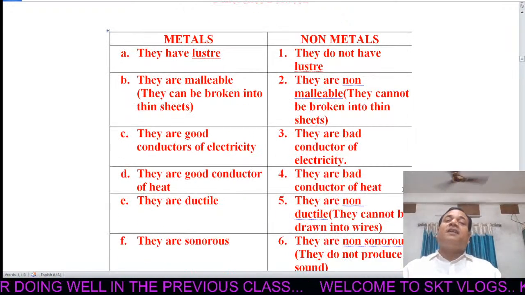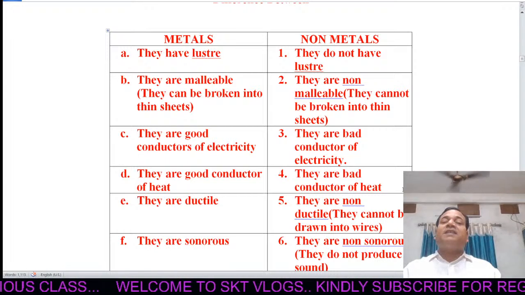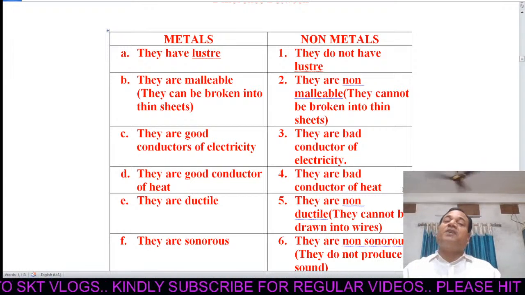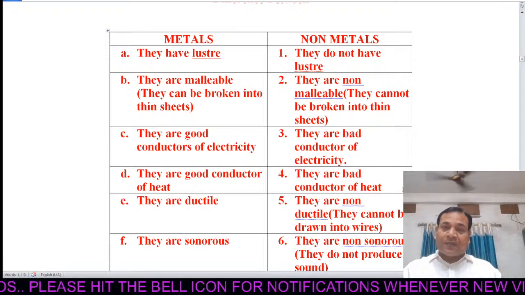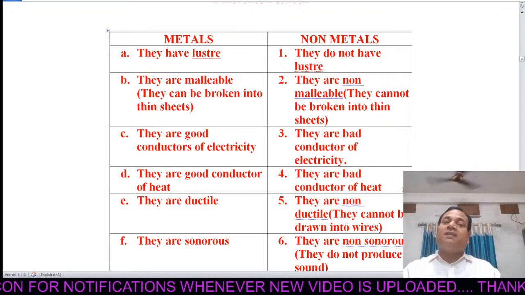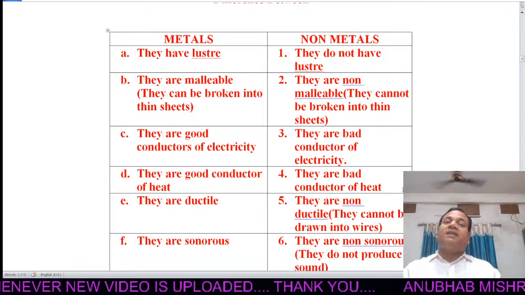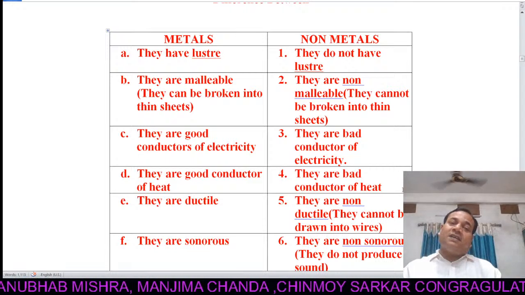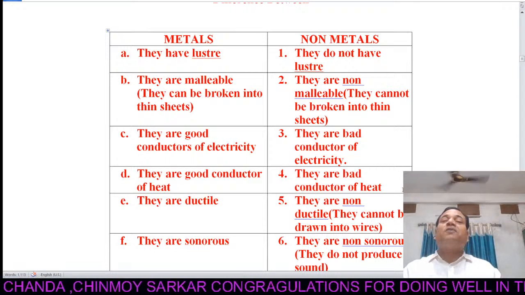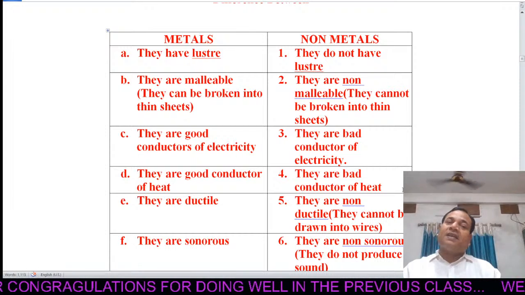Now see the difference between metal and non-metal. Very important topic from the examination point of view. What are the differences between metals and non-metals? See here, metals have luster, non-metals do not have luster.